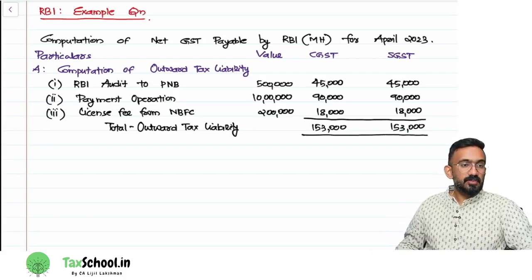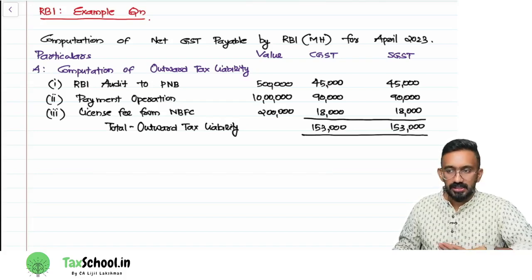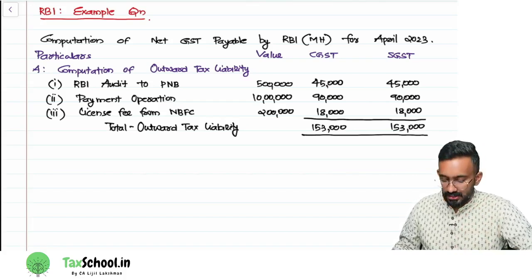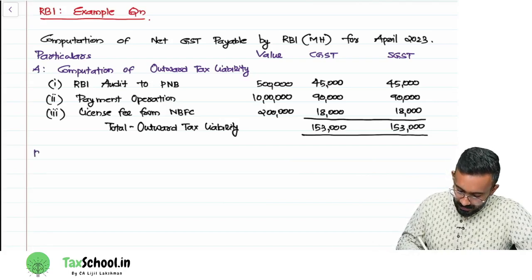So this is the first part of the question. If there is a step mark for you to solve a question, you would get 1 mark for this particular step. This would be computation of outward tax liability treated as a step in the valuation. But I am computing net GST, so I need a part B also. Part B is computation of ITC eligible.